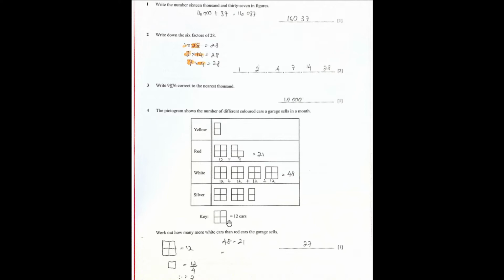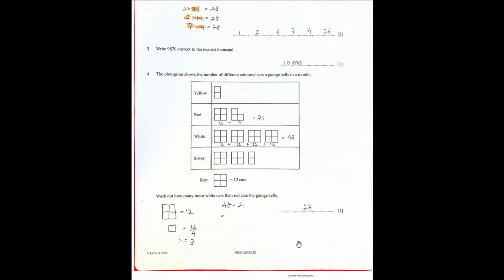Since each box represents 3 cars, that is 3 times 3, which gives us 9. So simply 12 plus 9 gives us 21 red cars. Now, to find out how many more white cars there are than red cars, we simply do 48 minus 21. That would give us 27 white cars.